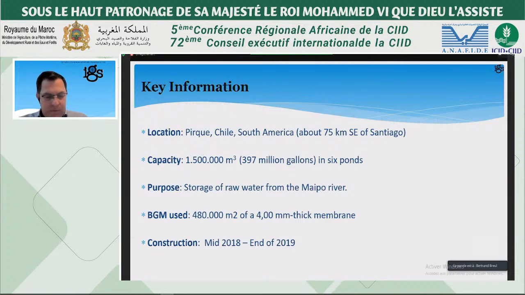The main purpose of this project is that the Maipo River has high turbidity, which causes problems to the treatment plant. So they wanted to have storage to allow settlement, and then send the clear water to the treatment plant.